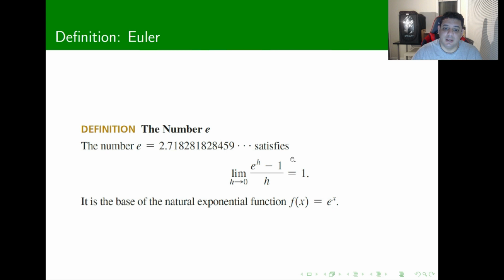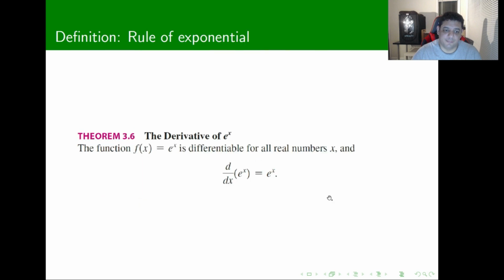Okay? Notice that this is pretty much the derivative at the point 0. This is what we're talking about here. The derivative of e to the x at 0 is going to be 1, which is essentially the same thing as if you plug in 0 in here. And so what that's going to imply is the fact that the derivative of the exponential function is itself. Okay?